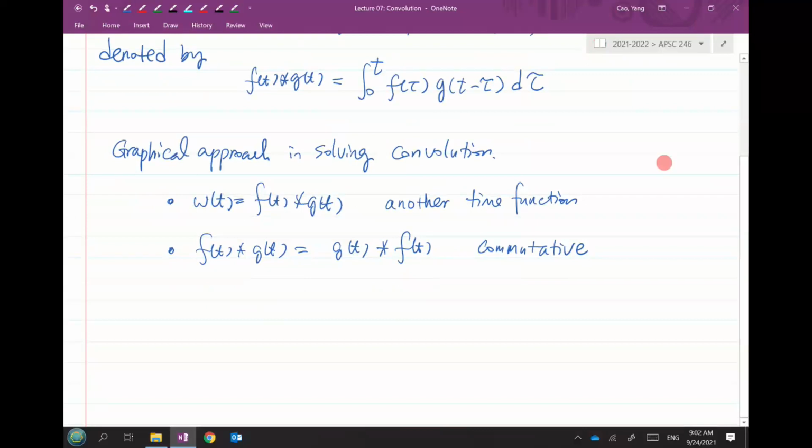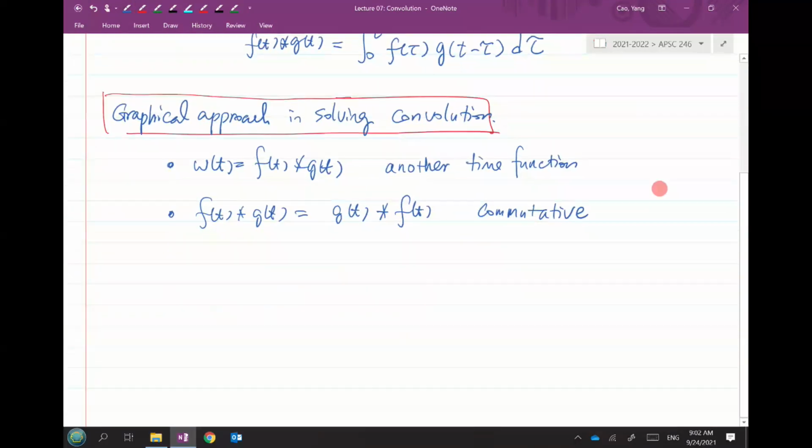Now let's look at this graphic approach. Since we're just starting, I'm going to use an example, and I'll try to go a little bit slowly. Of course, in the future, you don't have to write down all the details like what I'm doing right now. So let's consider the following f of t and g of t.